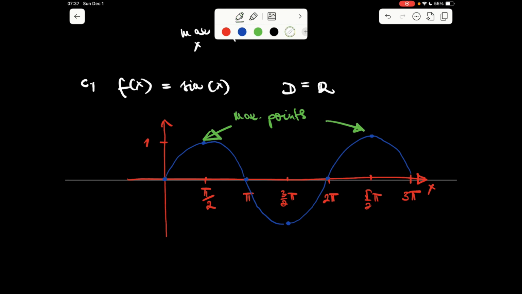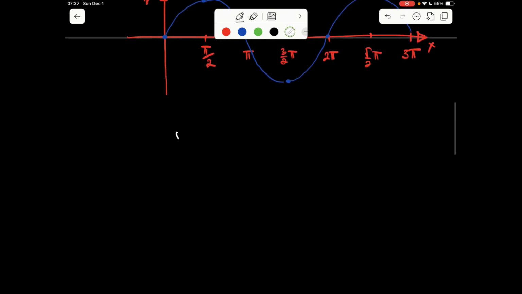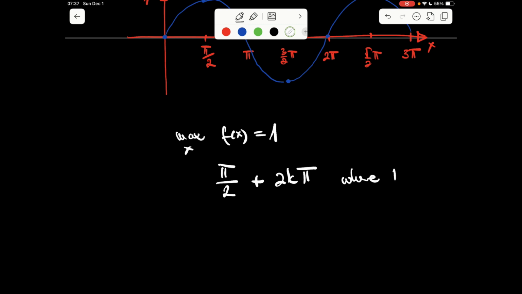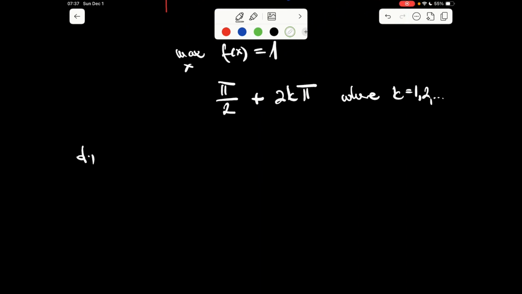So in sum, we can say that the maximum of the function is 1, and the places of maxima are easy to identify because we can count them.